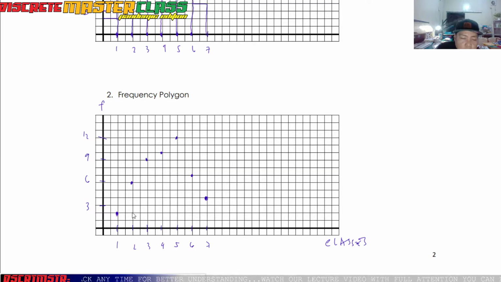Okay, so mapapansin mo, meron kang mga points na nagre-represent ng frequency ng bawat class. Now, just connect the points. So, connect natin yung points.